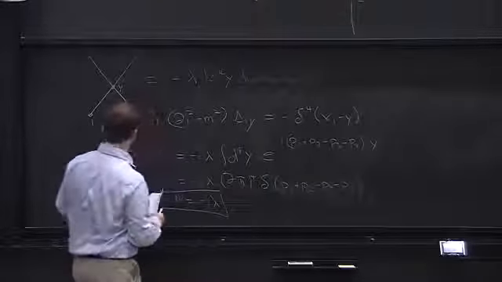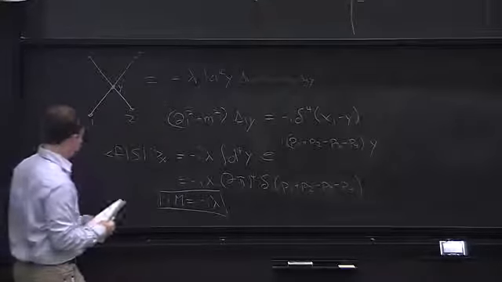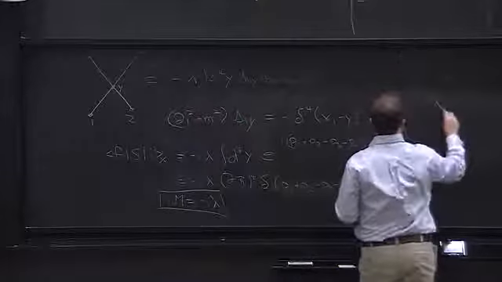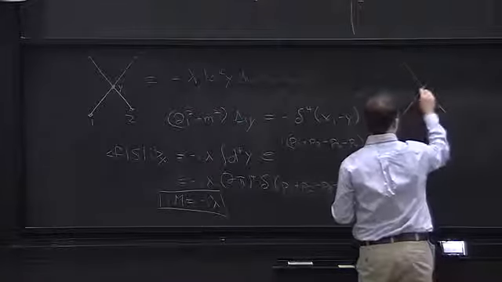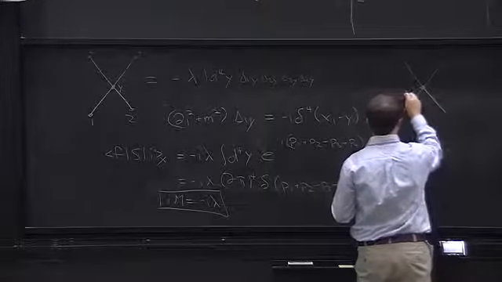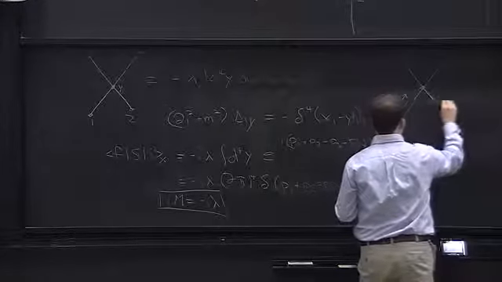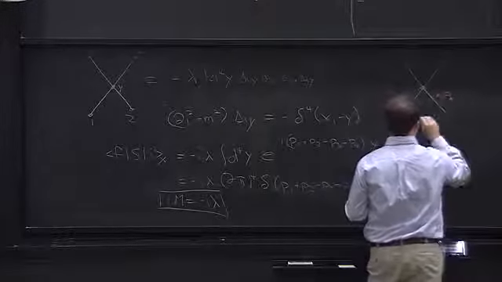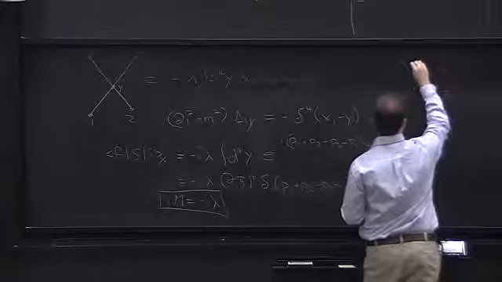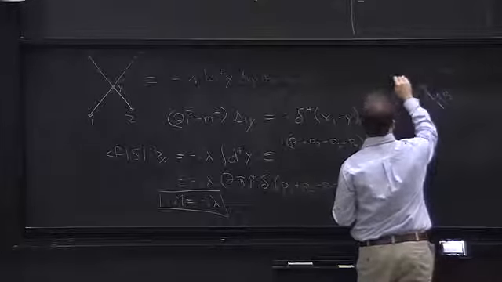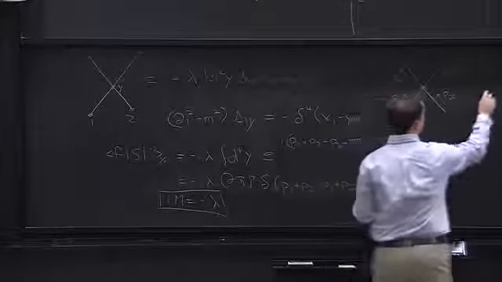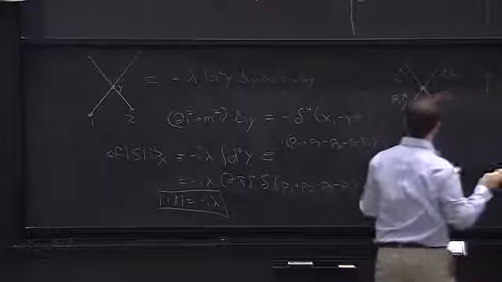And so we can draw the same diagram in momentum space. And in momentum space, this diagram looks the same, except we just label it a little bit differently. It has momentum p1 and p2 coming in, momentum p3 and p4 going out, and a single vertex. I'm drawing time going upwards.